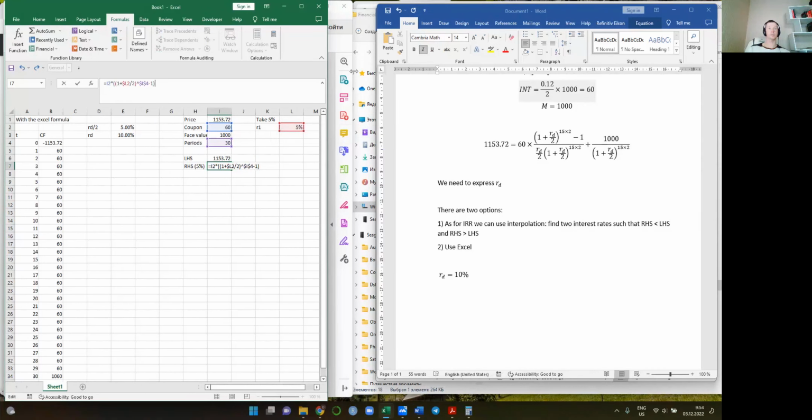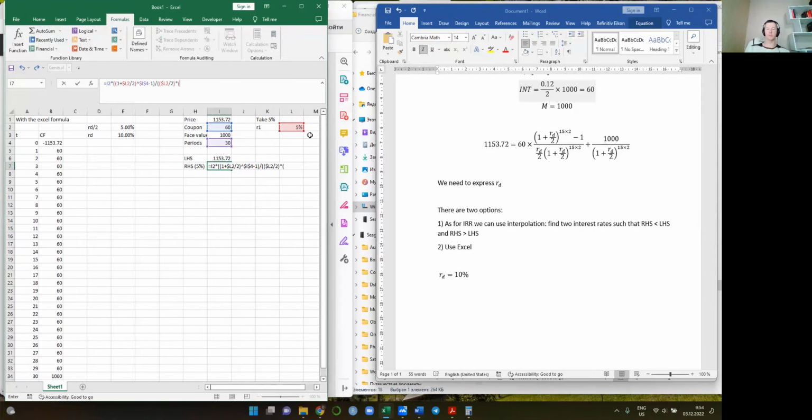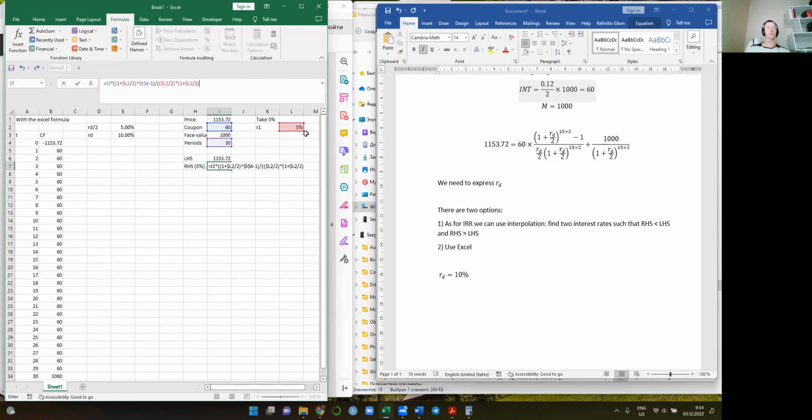is taken divided by R divided by 2 multiplied by 1 plus R divided by 2 to the power of periods. So this is the first part, plus 1000 divided by 1 plus R divided by 2 to the power of periods.